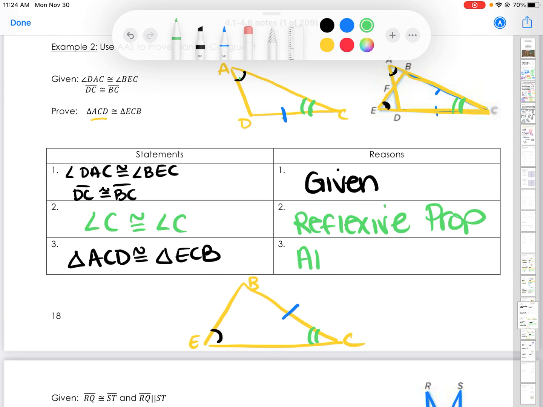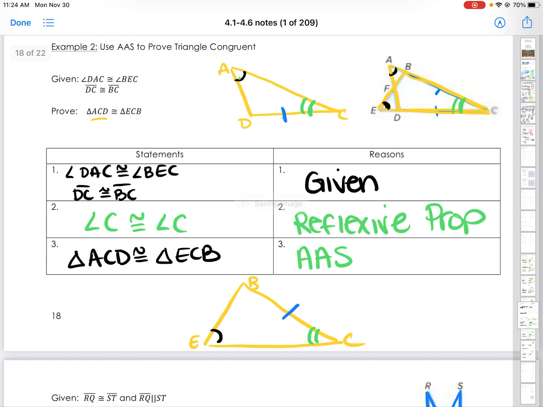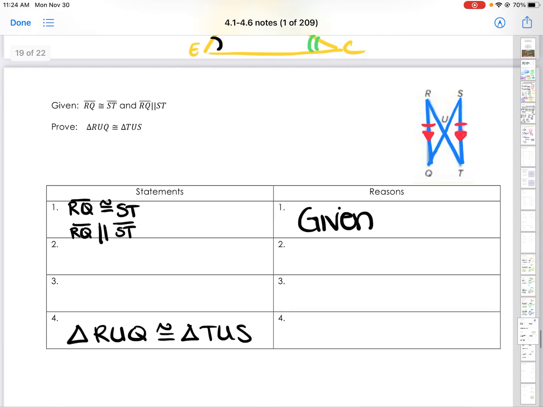So that is angle, angle, side. Had we used AC, which is in between the two angles, then I would have done ASA. But because I'm using DC, which is not in between the two angles, it's not touching both angles, then I'm using AAS.